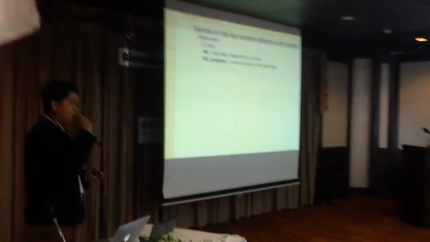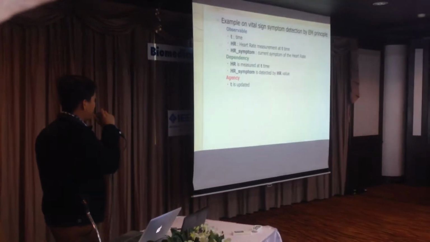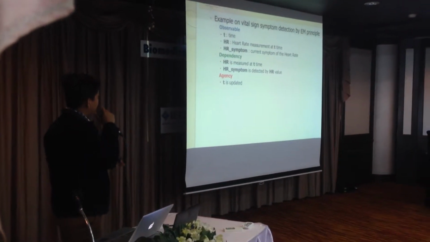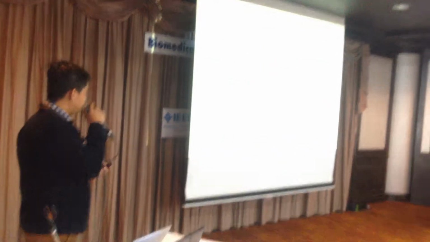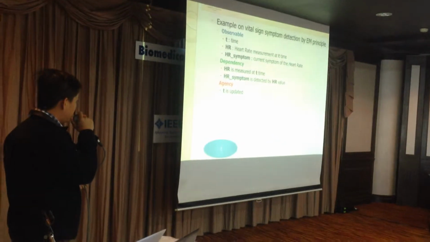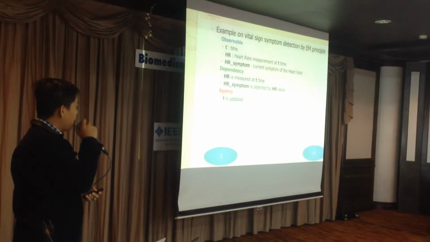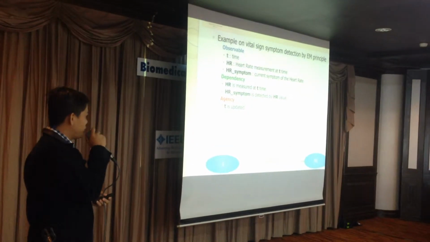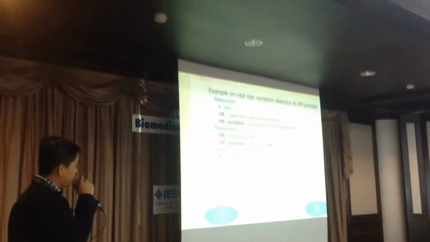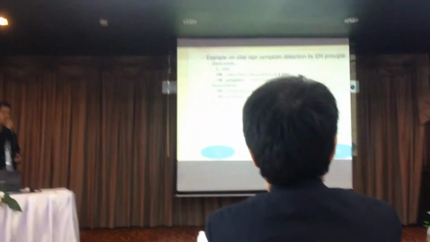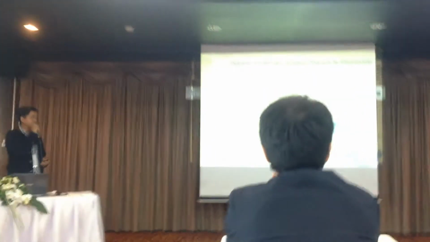And now, for a better understanding of the principles of the three concepts, here is an example of vital sign symptom detection by the EM principle. We have observable T as time, and HR represents the heart rate, measured at time T. And HR symptom is the heart rate detection that will detect when the heart rate value changes.